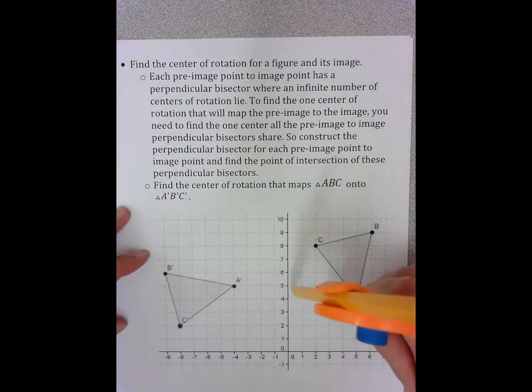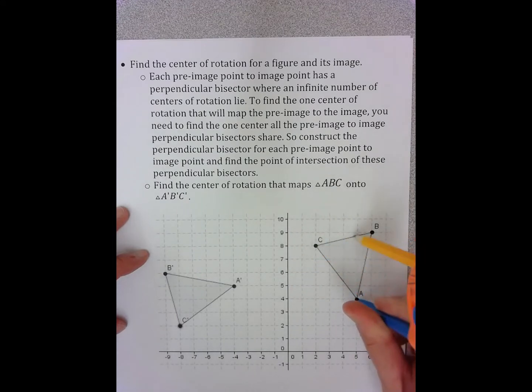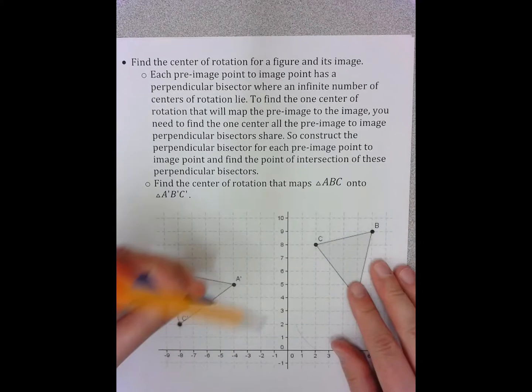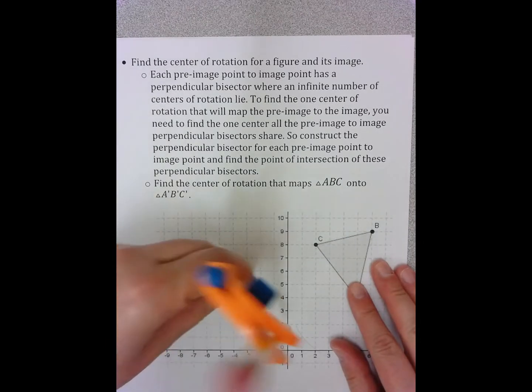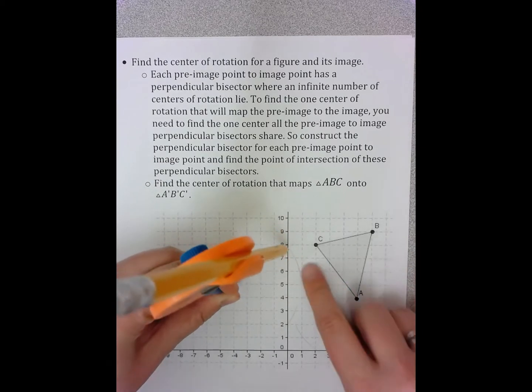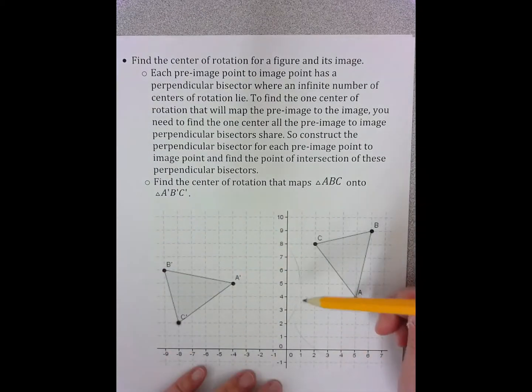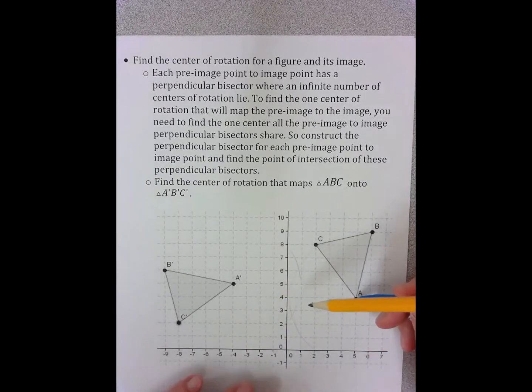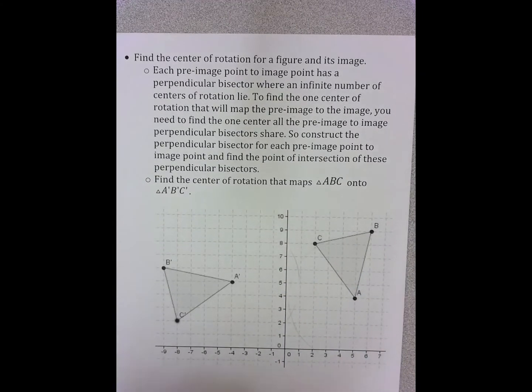It's going to be a little tight. I make an arc above and an arc below, and then I do the same thing from A prime, below and above. On the bottom, my arc is a little too short, so now I've got the arc fully connected.